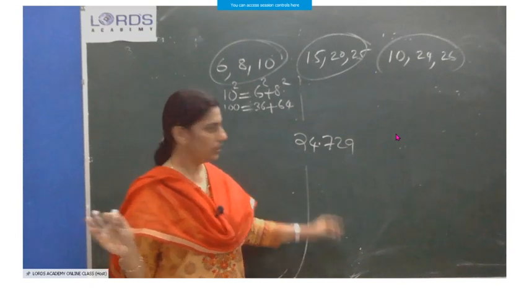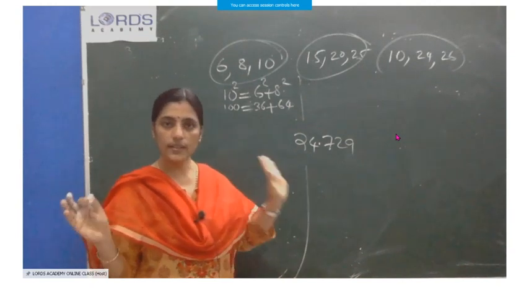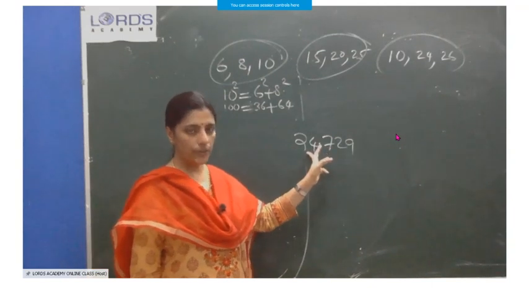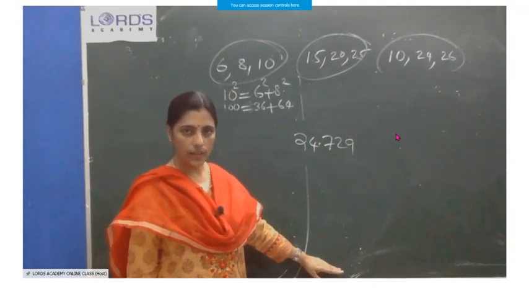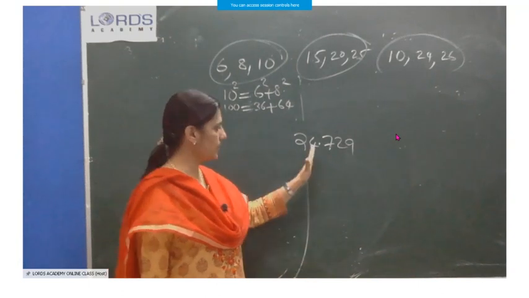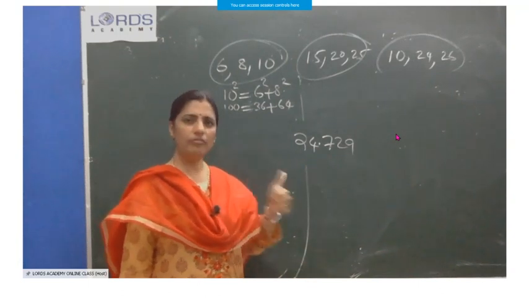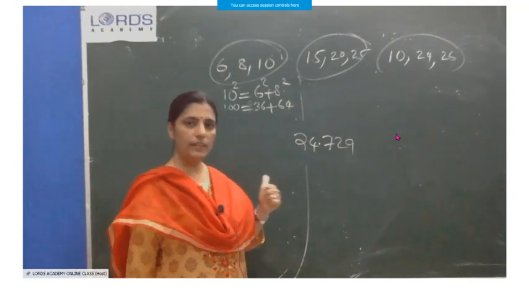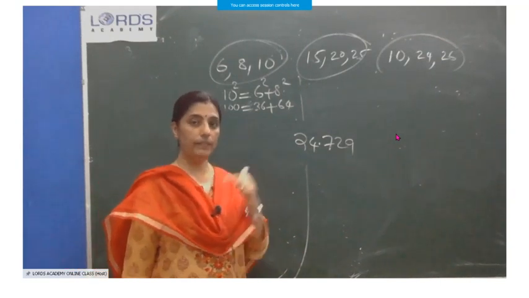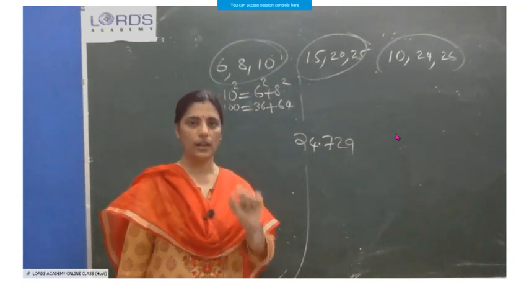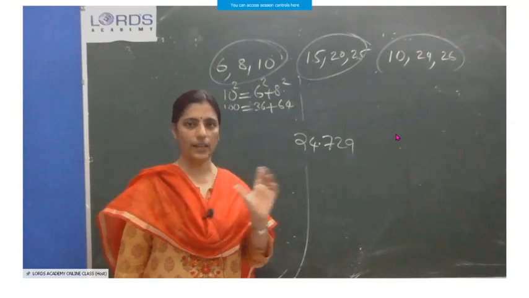That means this is not a perfect square. Yes, we concluded this is not. If it is a perfect square, we should get the remainder 0. But we are not getting the remainder 0, so this is not a perfect square. Then when we stop this process, they will tell you to find the answer correct to 2 places of decimal, correct to 3 places of decimal, like that they will give.